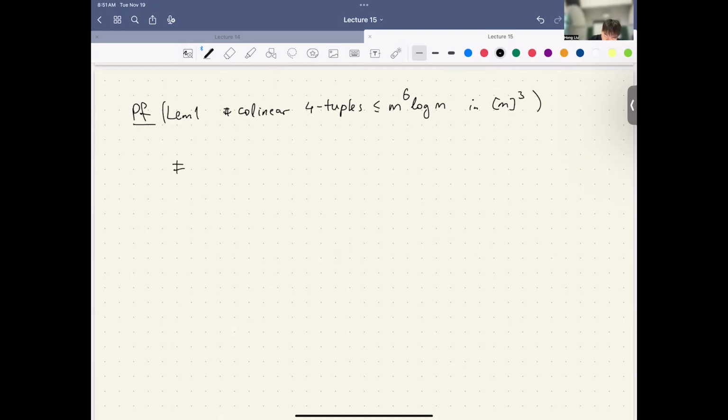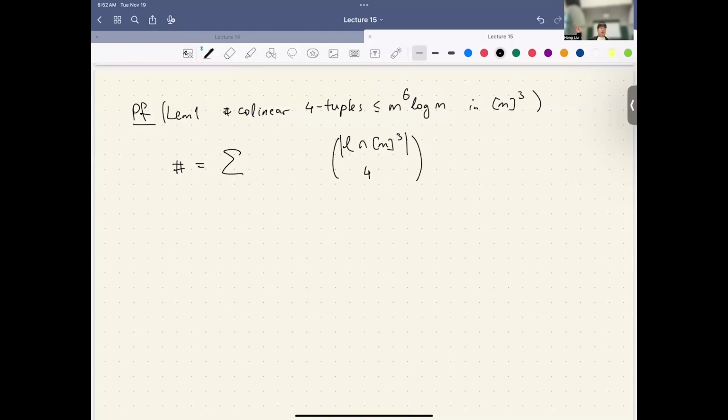The number of such collinear tuples equals, let's look at the lines intersecting the cube. For every line, look at its size, meaning the number of grid points it contains. You choose 4 of them. Every 4 points on the line form a collinear 4 tuple.